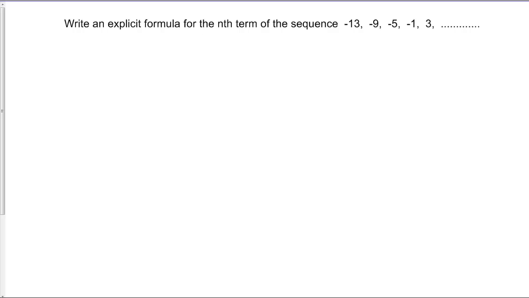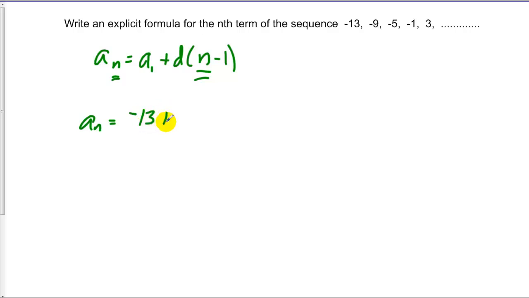We're going to write an explicit formula for the nth term in this sequence here. We just said that if I want to write the nth term, I take my first term plus my difference times n minus 1. Since we're writing just a general formula, n is going to remain n. So I have a sub n equals my first term, which in this case is negative 13, plus my difference.